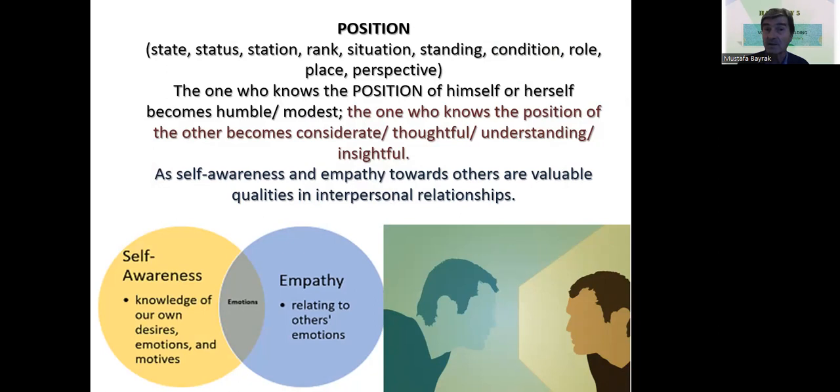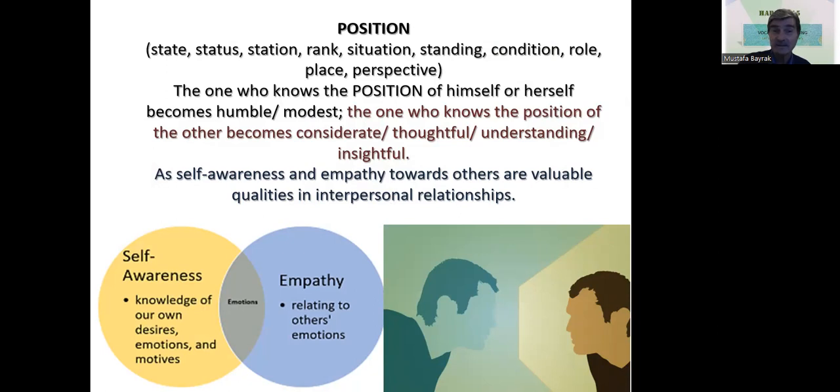Yes, because they are valuable qualities, self-awareness and empathy towards others are all we need in interpersonal relationships, or of course, international relationships as well.